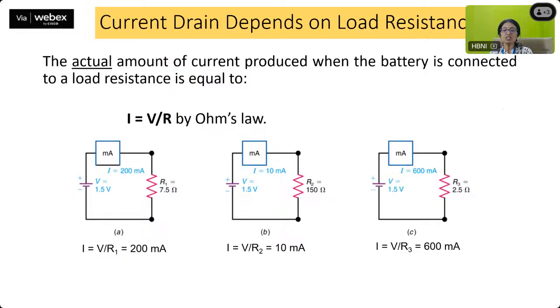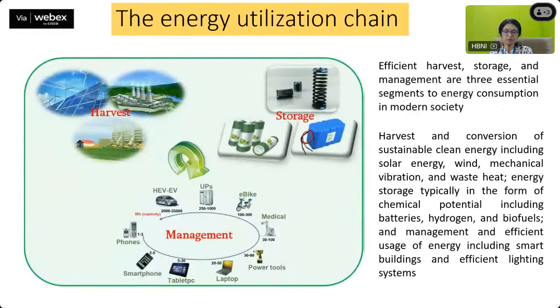Whereas if you keep on changing the resistance, the amount of current which is generated by this particular circuit is going to differ, and this is going to be given by Ohm's law, which is I equal to V by R, or V equal to IR as we see. So the actual amount of current produced when the battery is connected to a load resistance is given by Ohm's law.